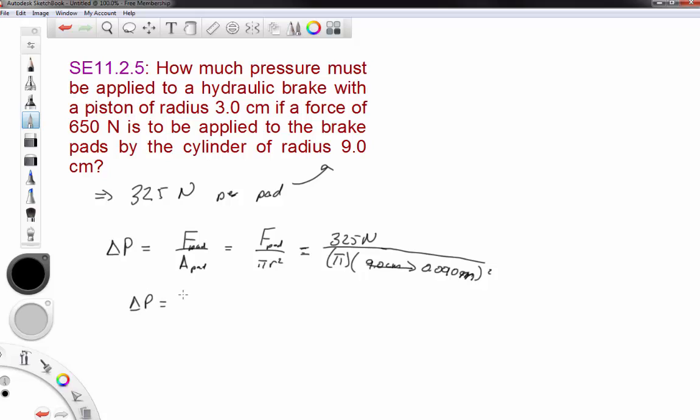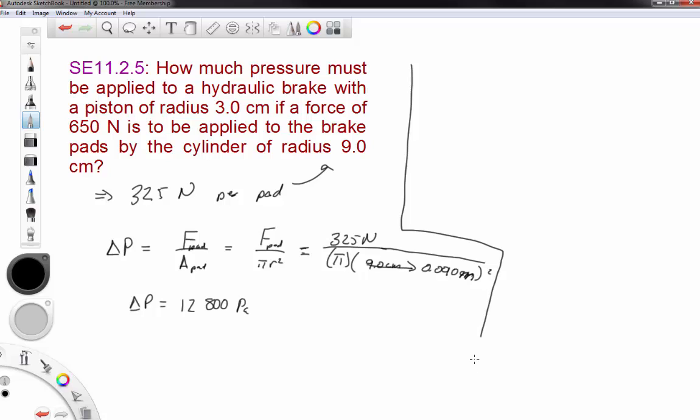So the pressure that's being applied is this force divided by this area, which gives us about 12,800 pascals.